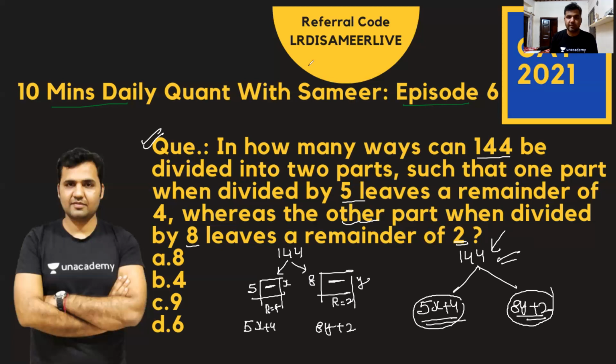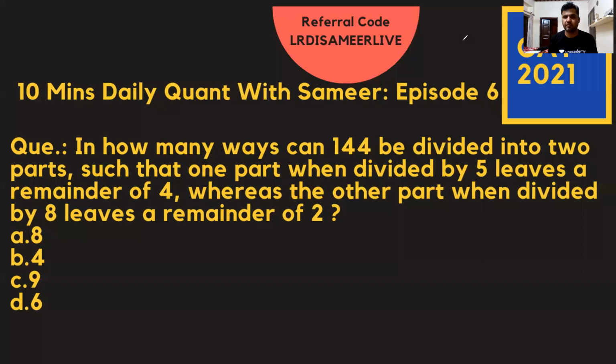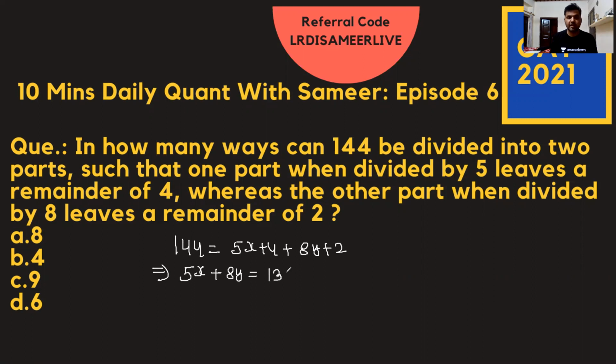So now use it. 5x plus 4 and 8y plus 2 will be equal to 144, which can further be written as 5x plus 8y is equal to 138. Now this you can see is a linear equation.